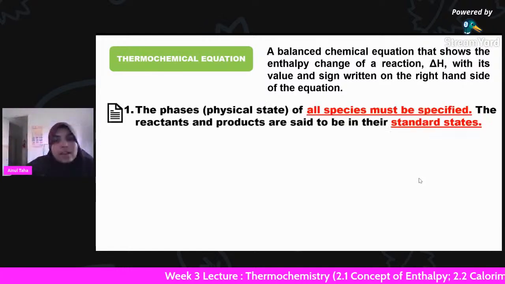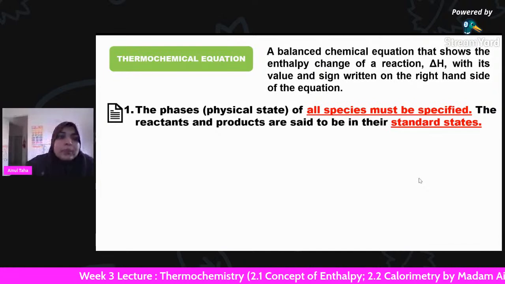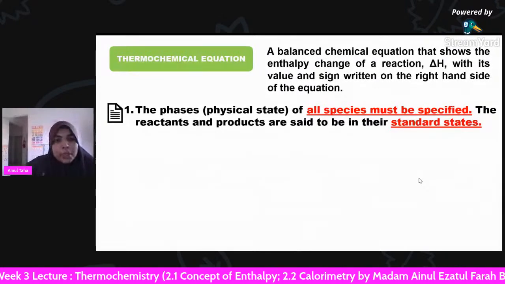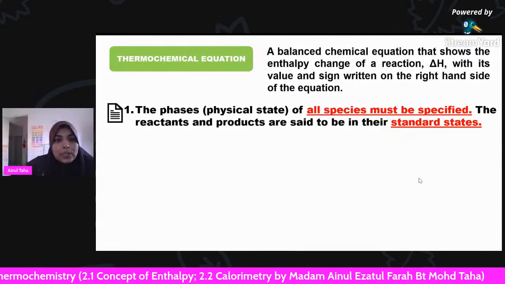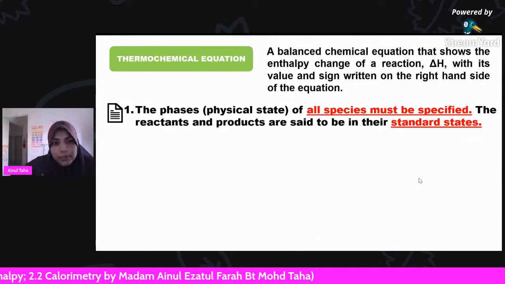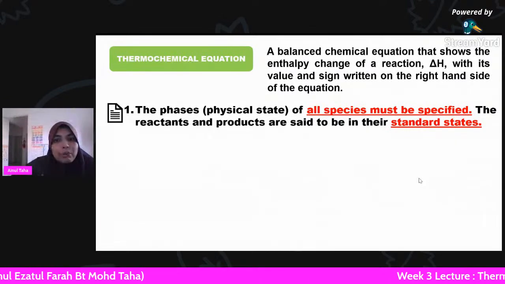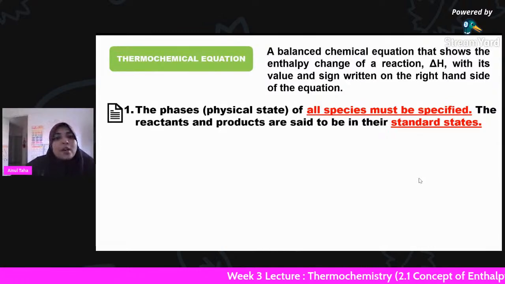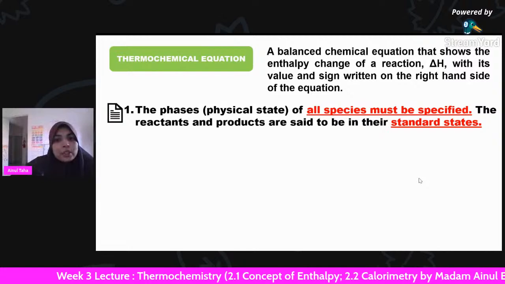Okay, first of all, let us look at the first requirement. The phases, the physical state of all species, must be specified. What does that mean? The reactants and the products are said to be in their standard states.